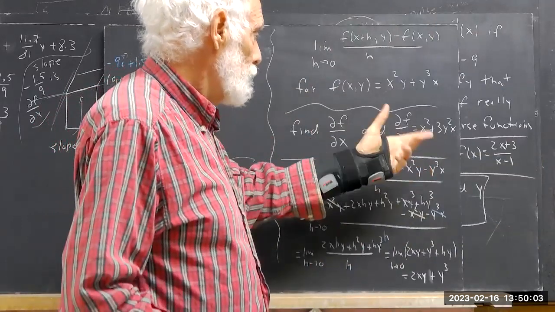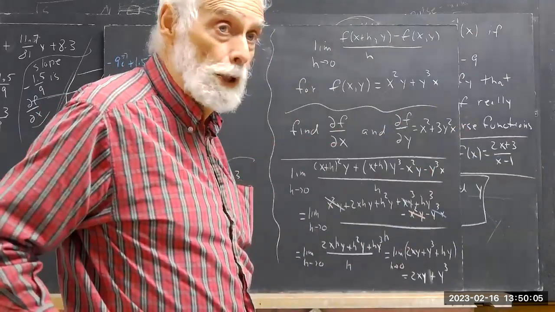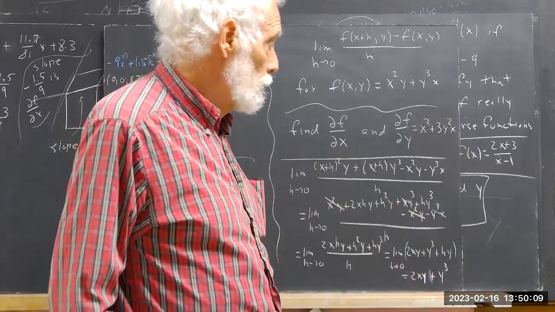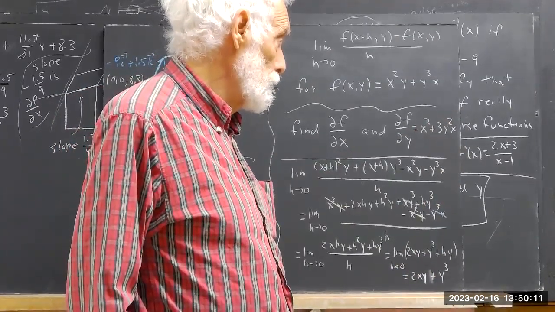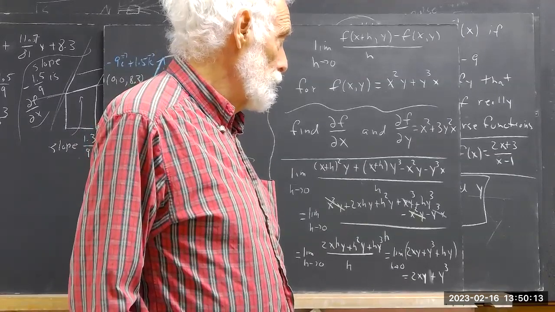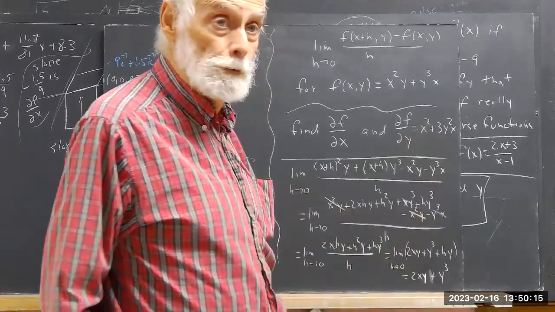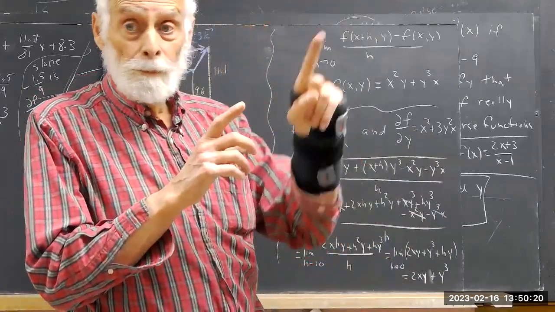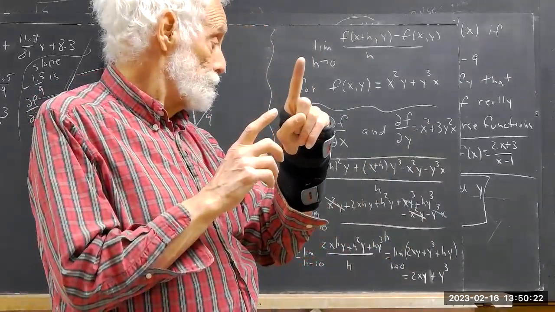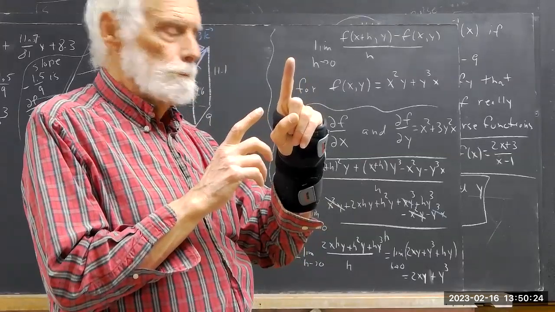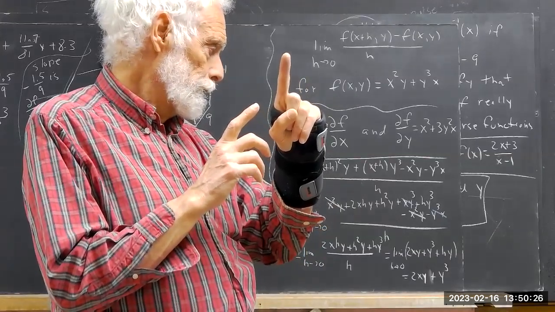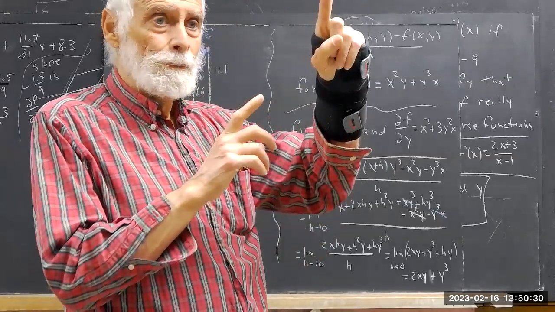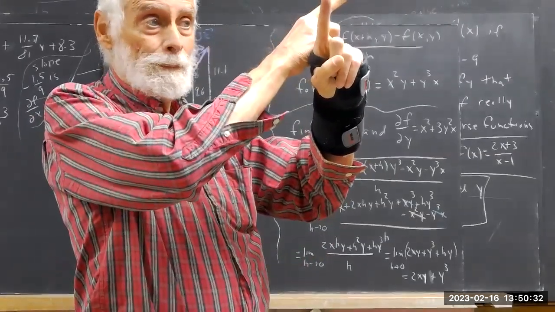And you can ask what's the partial with respect to y. We plug in 2 for x and get 4, plug in 3 for y, and you get 58. So now you know you have a point up there and a slope of 39 this way, and a slope of 58 this way.